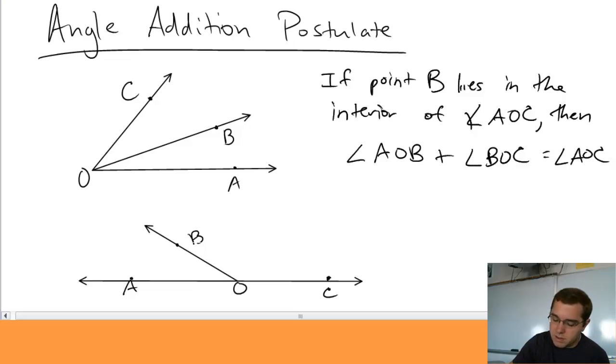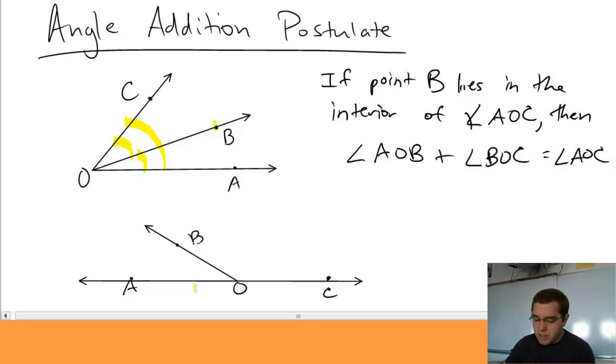You can see that on our picture here. B lies in the interior of angle AOC. Since that's the case, this postulate says we've met our hypothesis. The conclusion then is angle AOB, which is this angle, plus angle BOC, that angle, equals angle AOC, the whole thing. Pretty simple idea. Very much similar to the segment addition postulate we had in the last section.